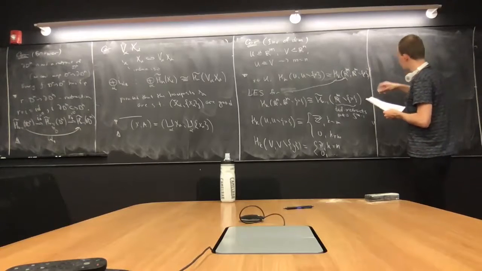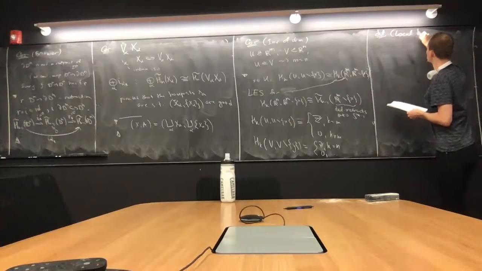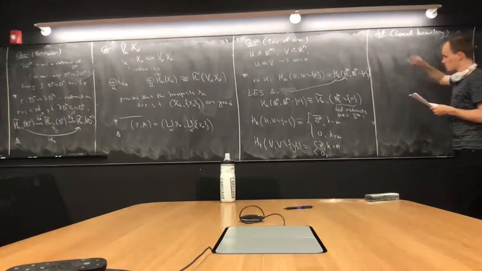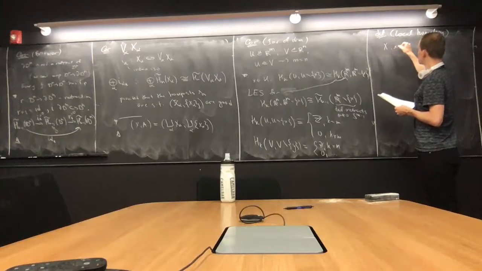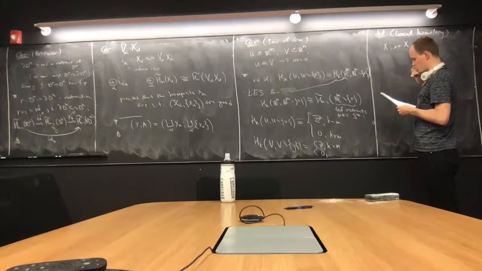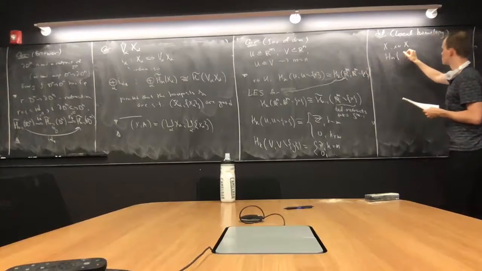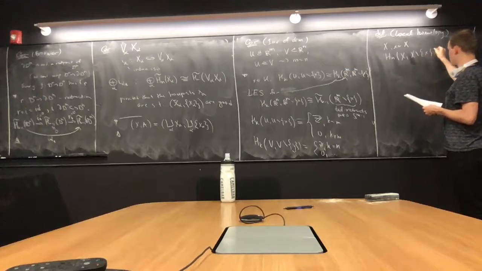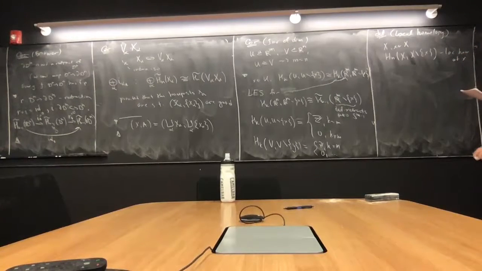So this motivates this definition. It's called local homology. X is just a topological space, and x a chosen point in it. Then this homology that we just saw, X relative to the complement of the point, is called local homology at x.